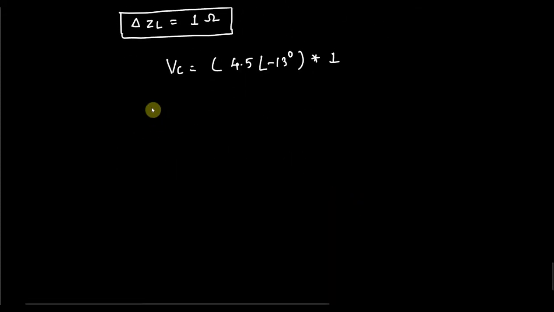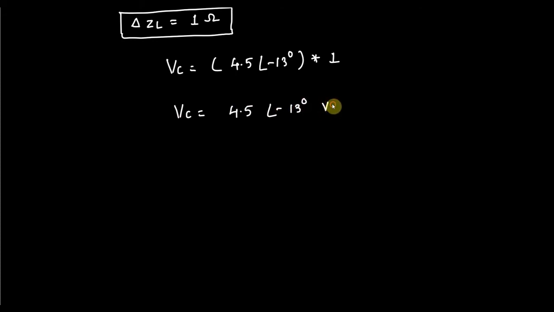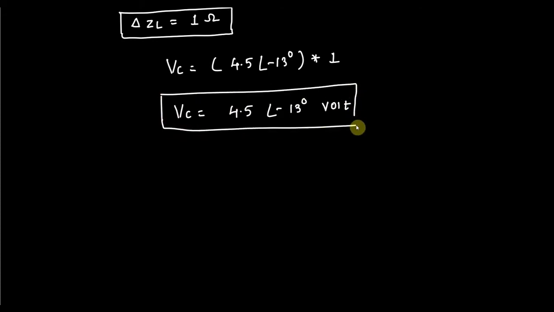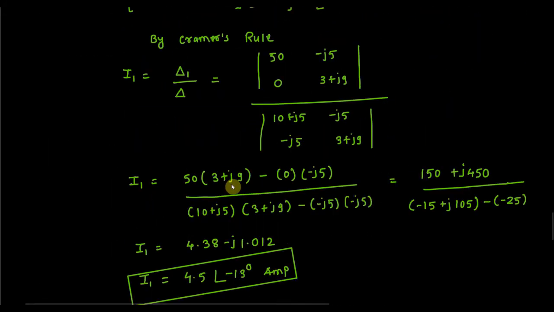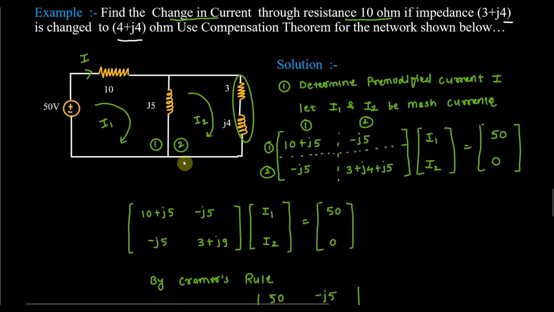So VC comes out to be 4.5 at an angle of minus 13 degrees volt. In that way we calculate the compensating voltage. The first two steps are very easy, where we have calculated I and VC.